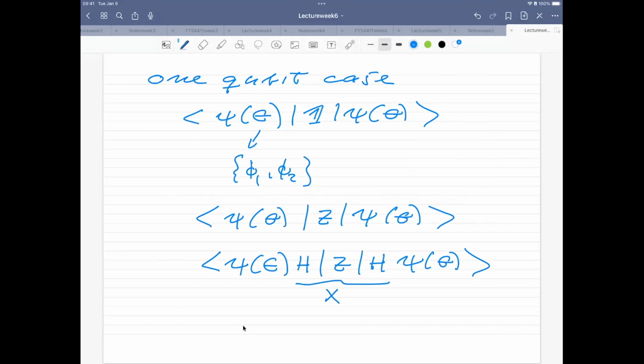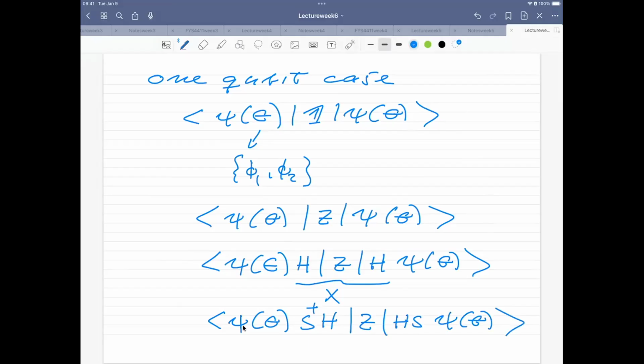So that means that I have a longer circuit for that measurement. So each observable or each expectation value we are calculating needs its own circuit. And then finally, if we have a Pauli Y, then I would need to set up S times H, and then I would have a Z matrix, and then I would have H times S times psi of theta.